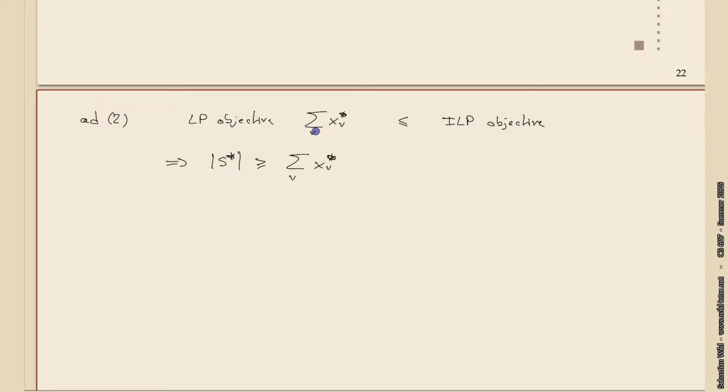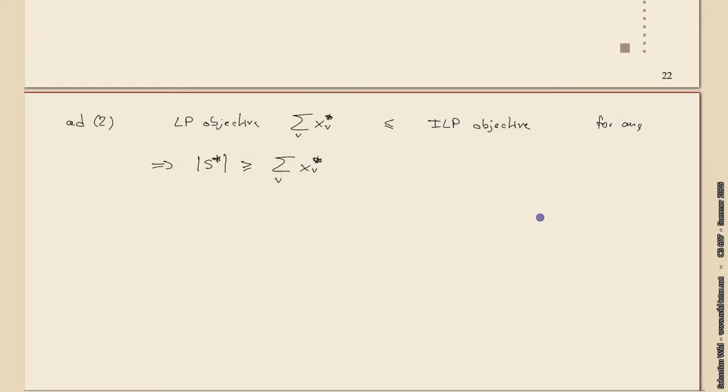And what we're going to do now is look at, so this is also true for any graph, right? For any input to the vertex cover problem, this is true.